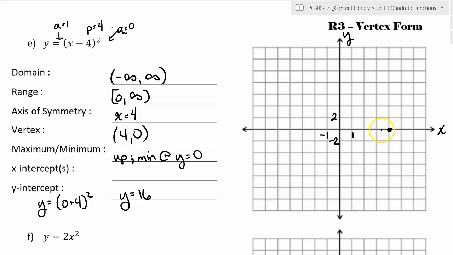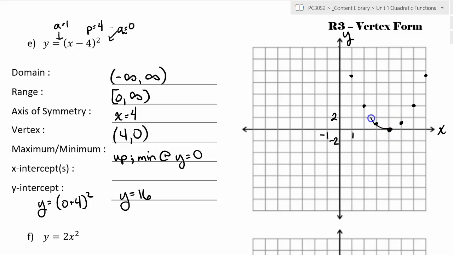So I follow my same pattern, that 1 squared is 1. 2 squared is 4. So I'm up 4 from my original y value of my vertex. 3 away is 9. And 4 away is 16, which is going to be off my graph in this case.